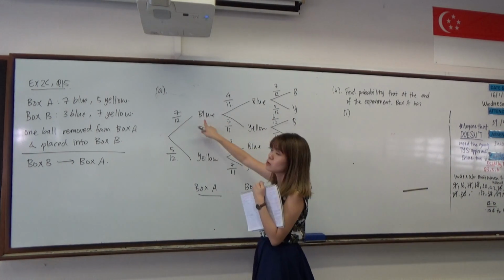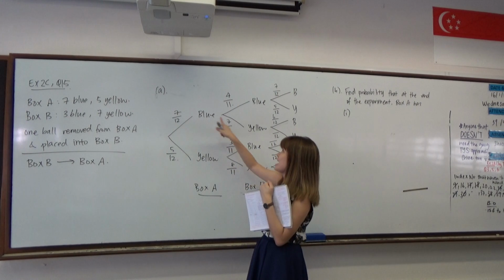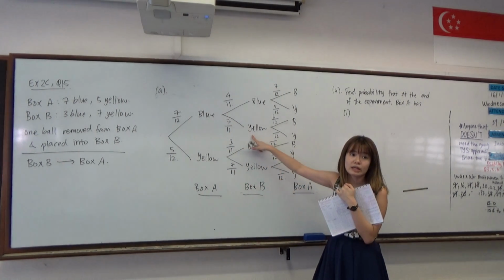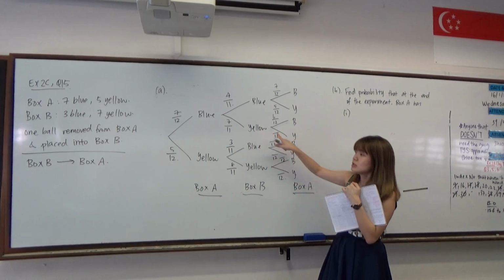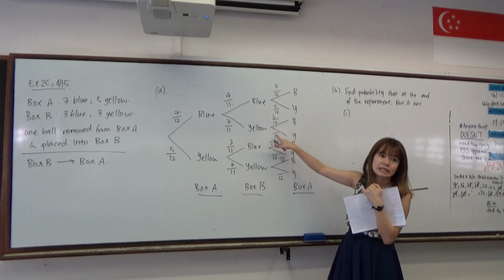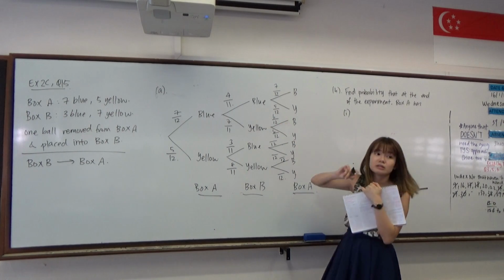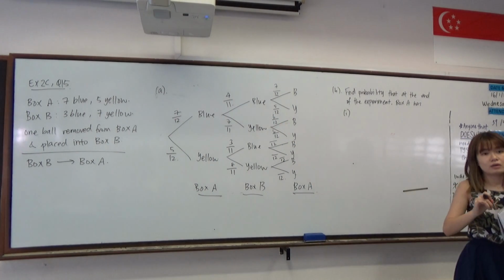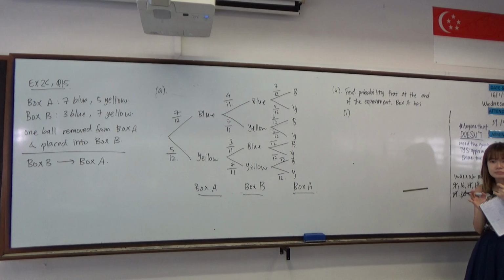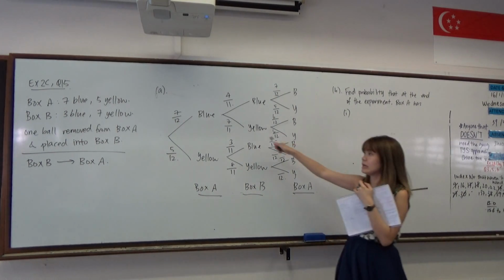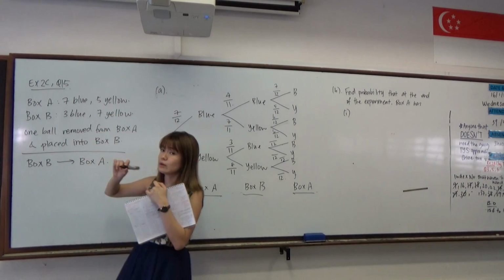Because I took one blue one out originally, but I did not replace one back. I in fact replaced a yellow, so the yellow one now will actually be how many? 6. Correct? Because I put back one yellow, so in box A, 5 plus 1 becomes 6.